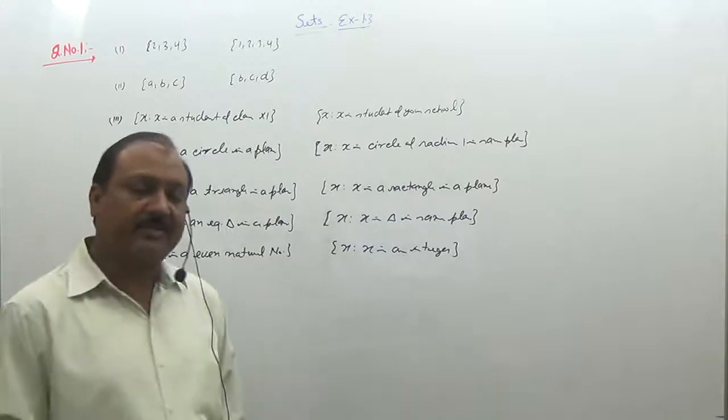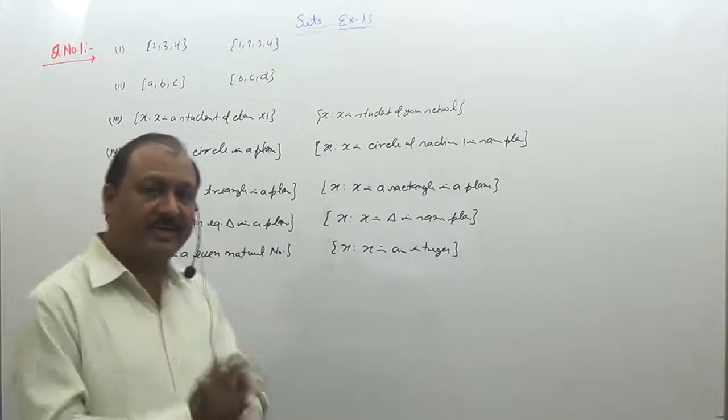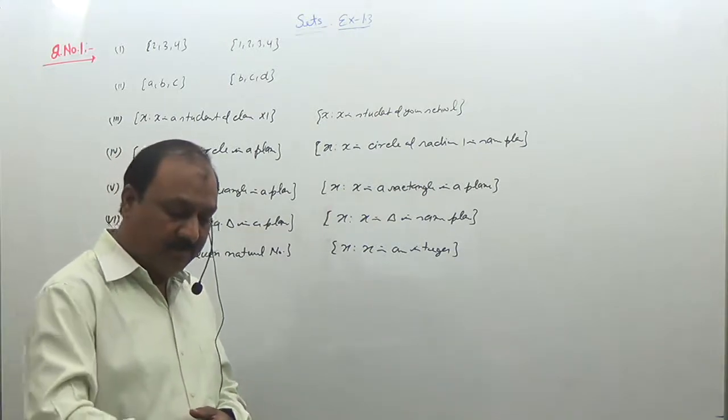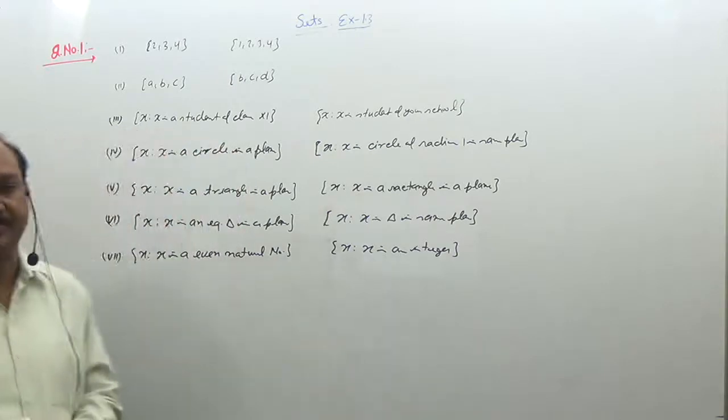So these are the seven parts of this question. There are two sets given. We want to justify whether these two sets are subsets of each other or not.